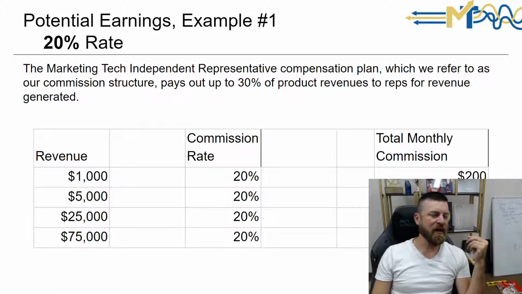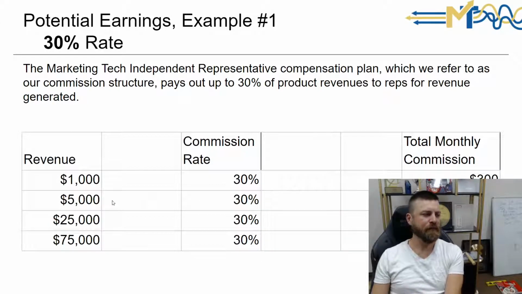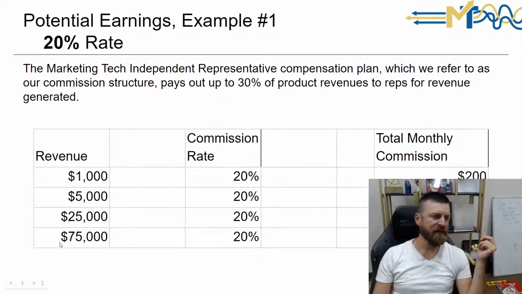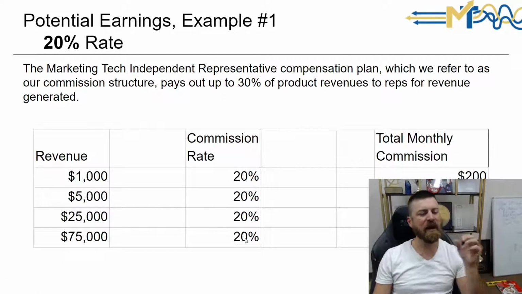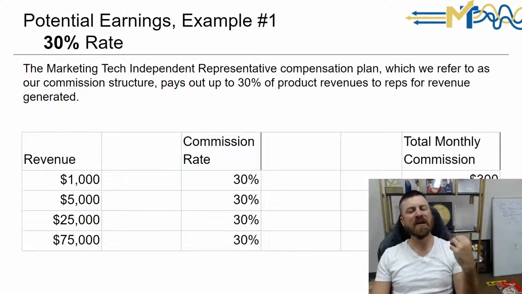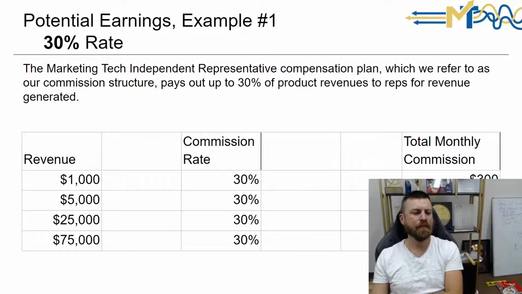If you have $5,000 a month in clients, you get $1,000 a month recurring. If you're on the 30% plan, you get a bit more. If you have $75,000 a month in recurring clients, on the free plan you get $15,000 a month. On our paid plan, you get $22,000 a month.